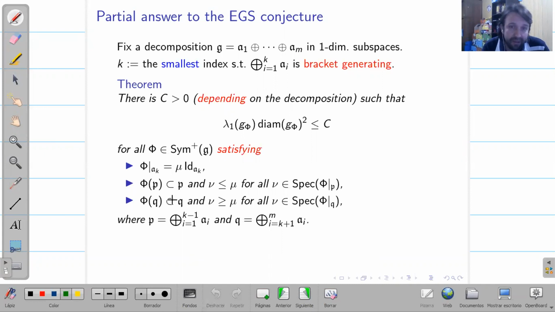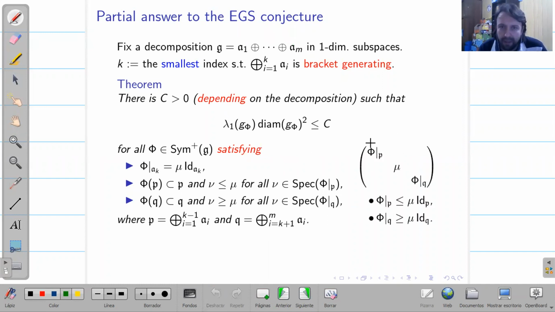Okay, this is something not easy to read. In some sense, this is P, and this is Q, right? And this is A_K. P is the sum between A_1 and A_{K-1}, but I think graphically it's simpler to see here. This is the index K, and this is P and this is Q, the same here.